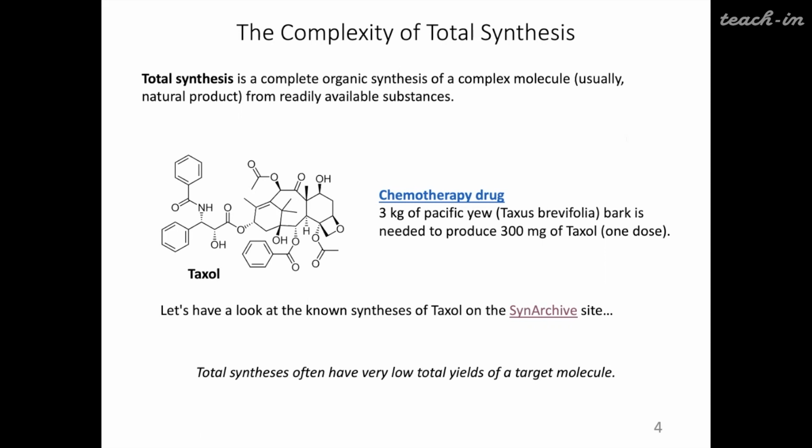If we consider, for example, the molecule of Taxol, which is a chemotherapy drug, first it is really complex, and next, this compound, while being natural, can be found in the bark of the Pacific yew.